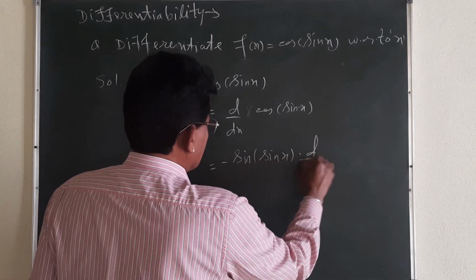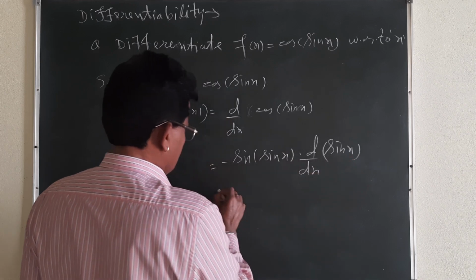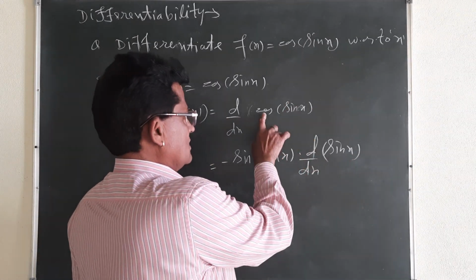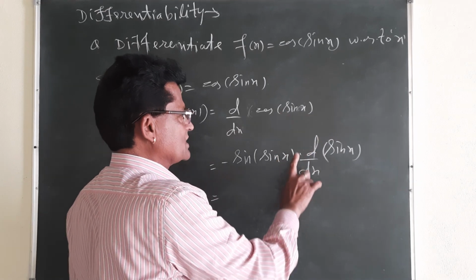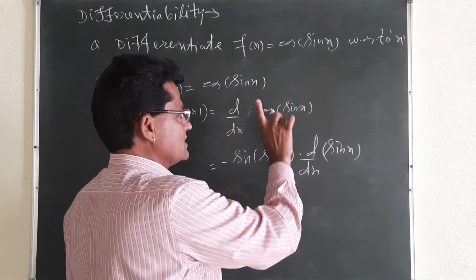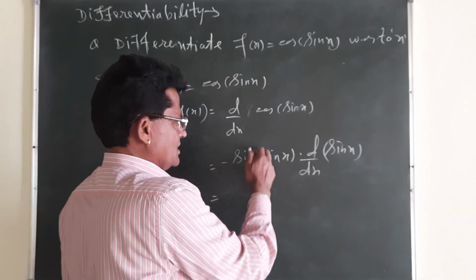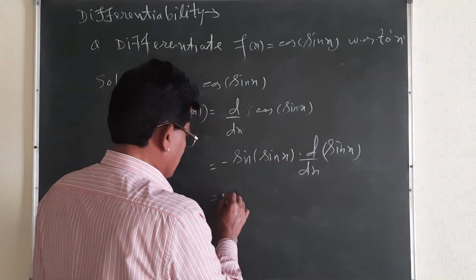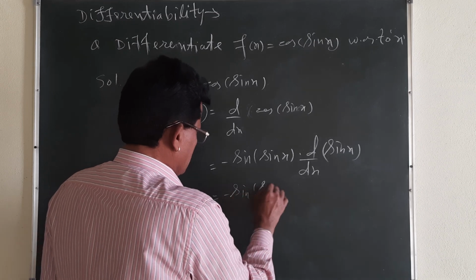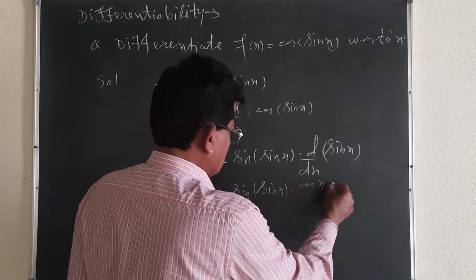Once again, by using the chain rule, you will have to differentiate sin x. Differentiation of cos of sin x, with sin x in place of theta, is minus sin of sin x, and once again you will have to differentiate sin x. Yes, the differentiation of sin x is cos x.